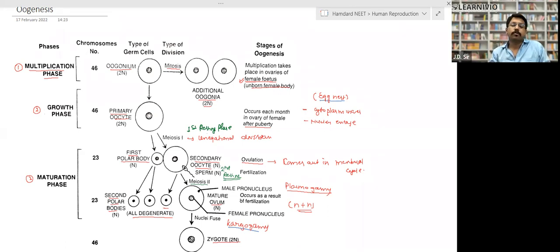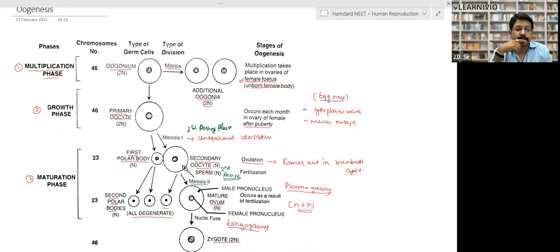The process of formation of egg is called oogenesis. And it takes place in three phases.